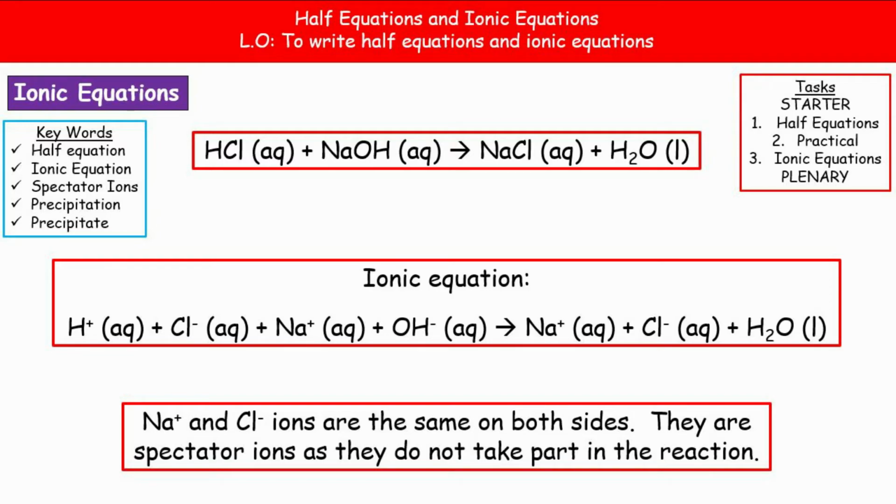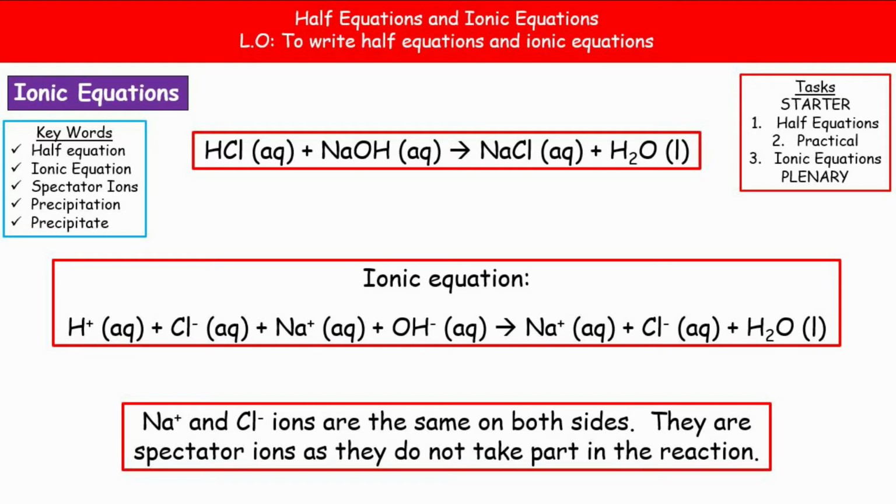But if we look at it, then what we can see is that on the left hand side and on the right hand side there are some ions that remain the same. So if we look, Cl- on the left, Cl- on the right, Na+ on the left, Na+ on the right. So they're the same on both sides.